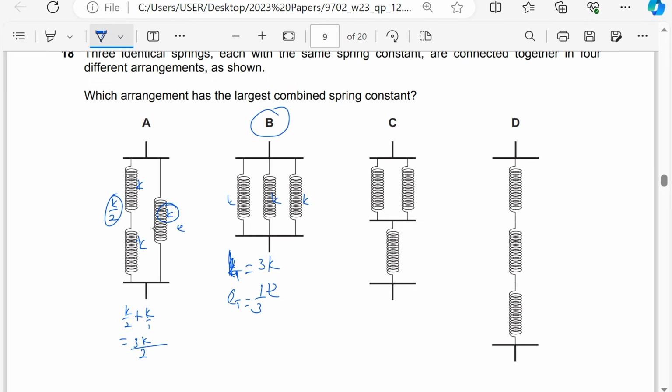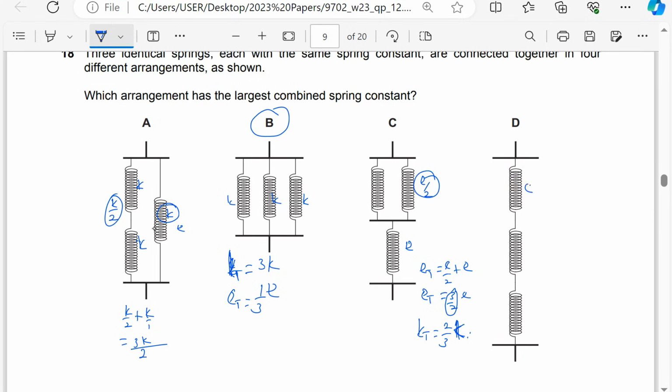So here, total extension is E over 2 for these two, and this is E. When you sum E over 2 plus E, the total is 3 over 2 E. And when you get the reciprocal, the total constant is 2 over 3 times K, just getting the reciprocal of the coefficient.